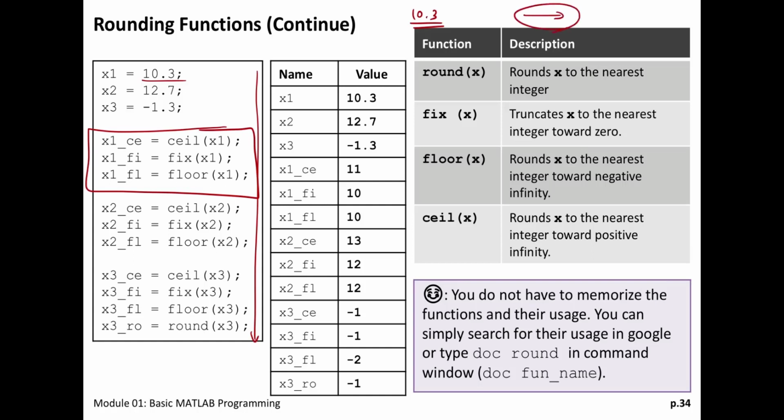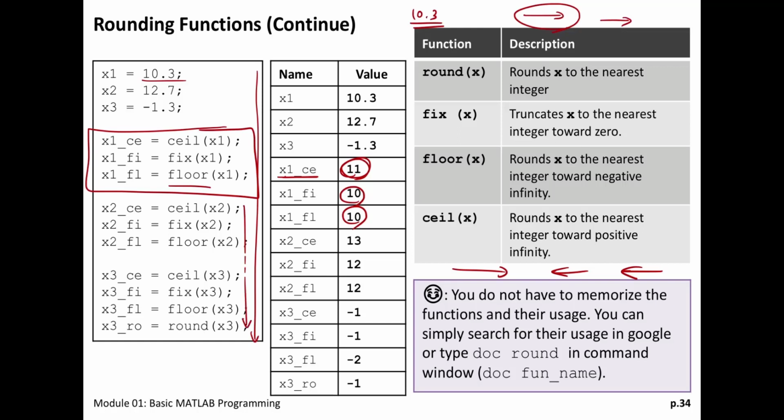That's positive infinity. That's why ceil of x1 becomes 11. Fix is toward the 0, right? That's why 10. Floor is toward negative infinity. That's why 10 as well. So you can check the other values as well.